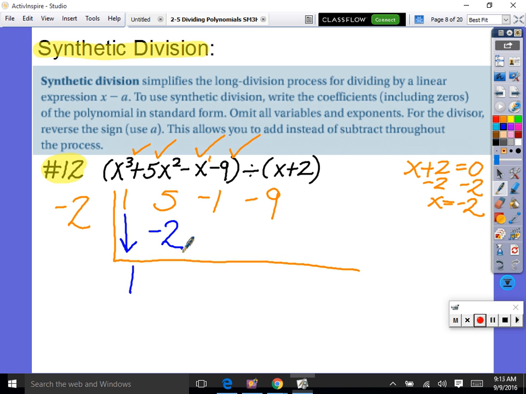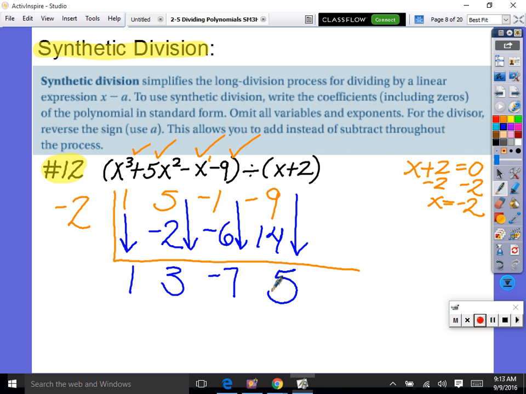Now we add straight down. What's 5 plus -2? 3. Now you multiply up. 3 times -2 is -6, and we add straight down. So that's -7, correct? -7 times -2 is +14, and we add straight down.